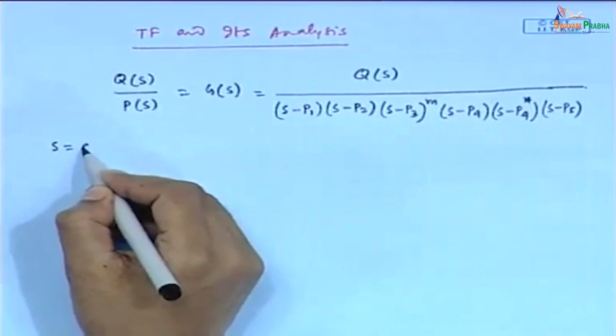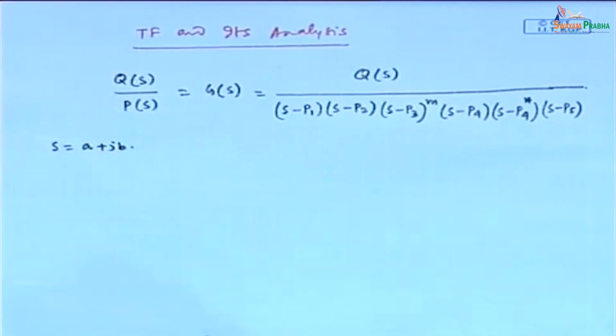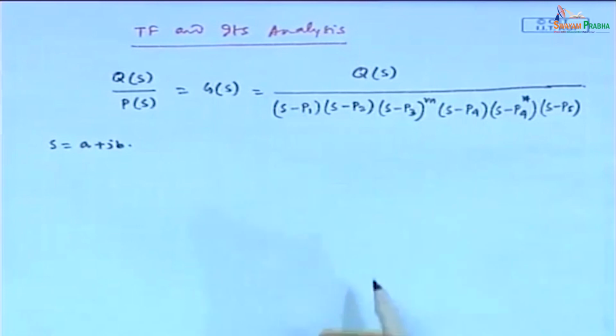Now, s is basically a variable which is defined in the complex plane in this way. I mean this is the form of s, s equals a plus jb. Fine. Now, considering this general form of a transfer function, we will discuss different types of poles.